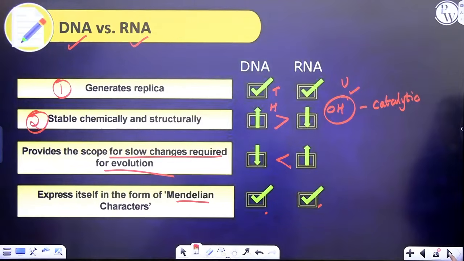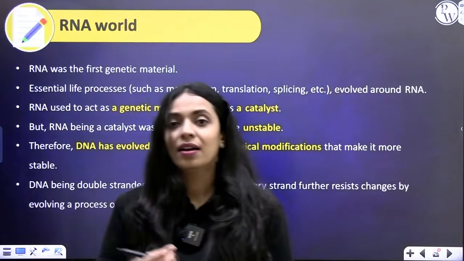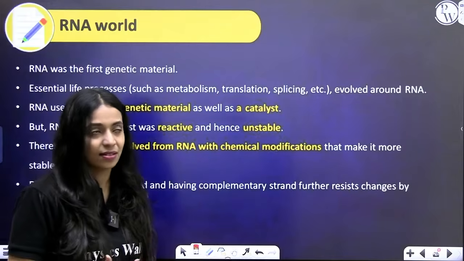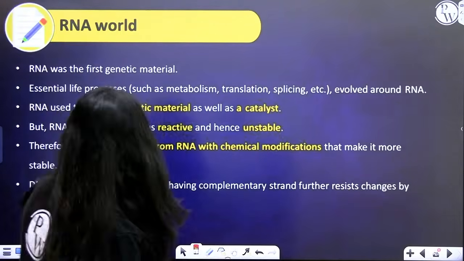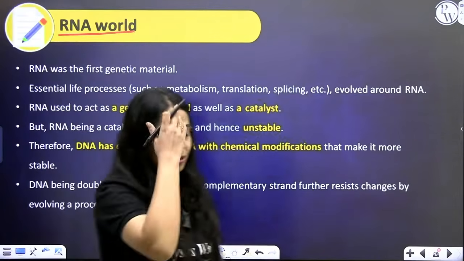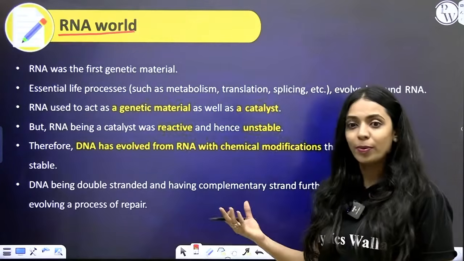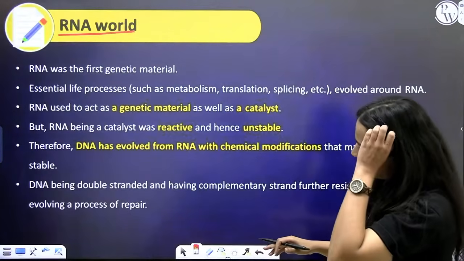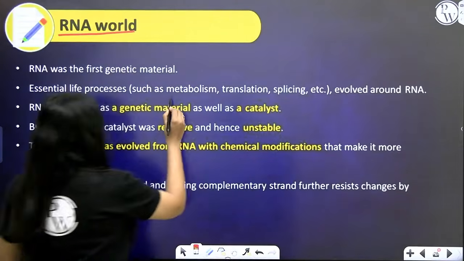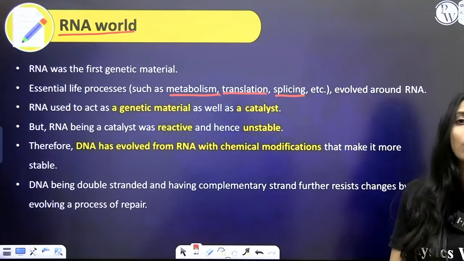All right. So relatively, because of DNA's stability over the course of evolution, that has been the preferred genetic material, and that is why it is the genetic material in most organisms. When life originated on Earth, the first genetic material that probably formed was RNA. Not probably, it is for sure the first genetic material that formed. RNA is essential to our life processes such as metabolism, translation, splicing, all of that involves RNA.